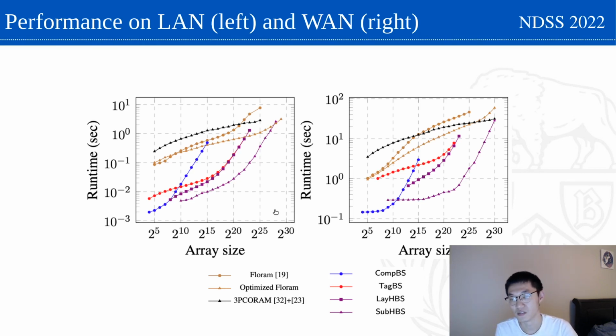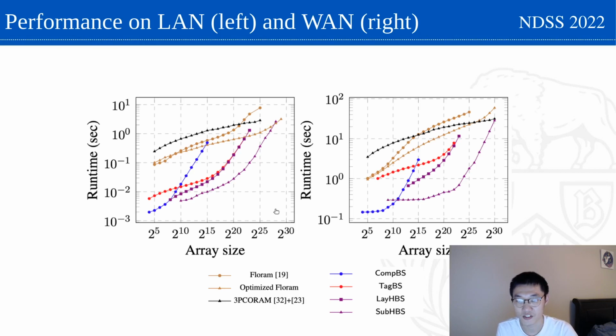From the plots, we can see that the runtime of our subtree-based hybrid solution is better than all other solutions when the dataset size is smaller than 2 to the 28 in the LAN setting and 2 to the 30 in the WAN setting.